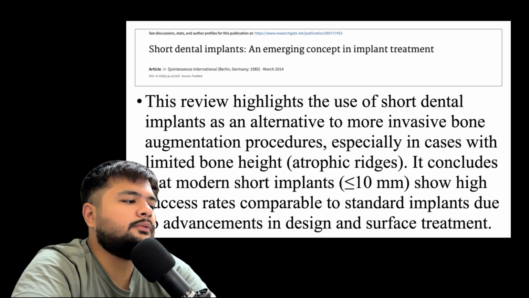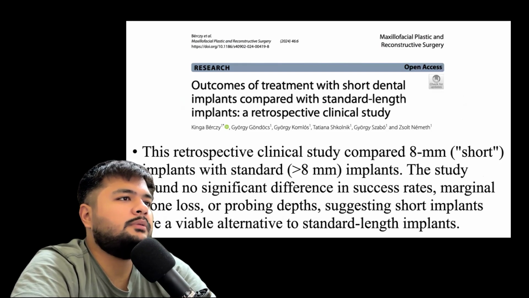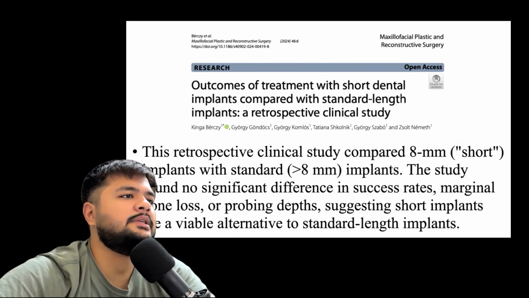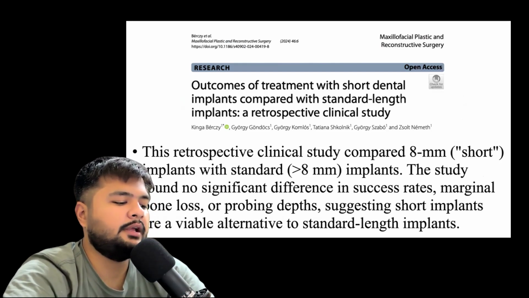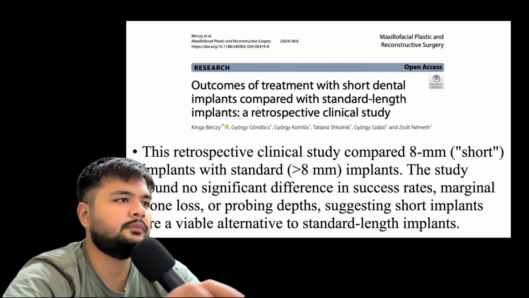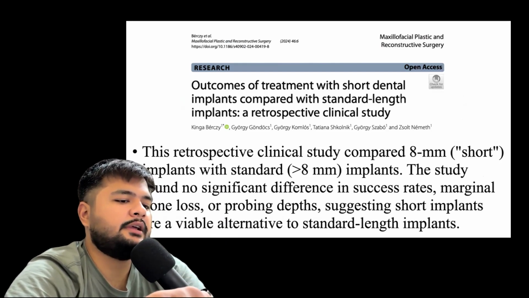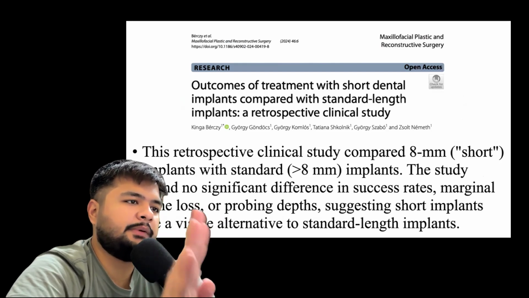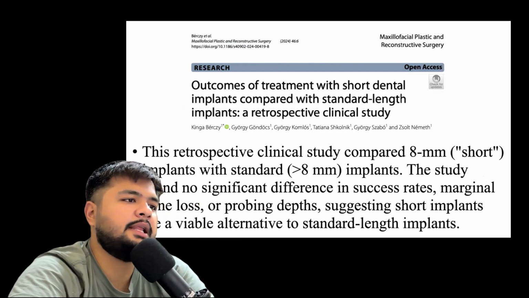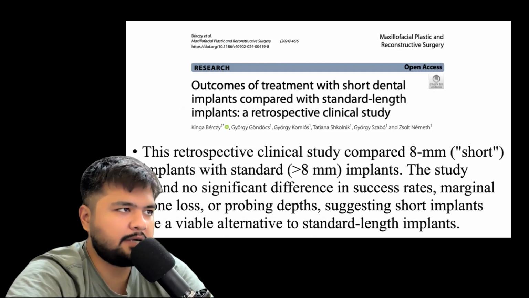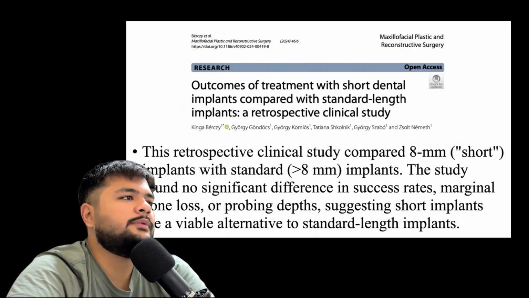Okay, then coming to another article, Outcomes of treatment with short dental implants compared with standard length implants, a retrospective clinical study. I've made a mistake before that. From 6 to 8 mm can be considered as short implants. Less than 6 mm is usually seen in the studies as extra short implants. So, sorry for the mistake.